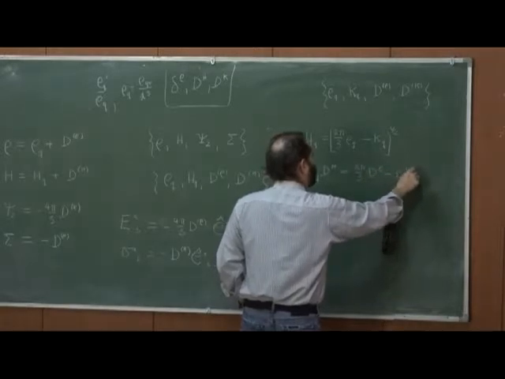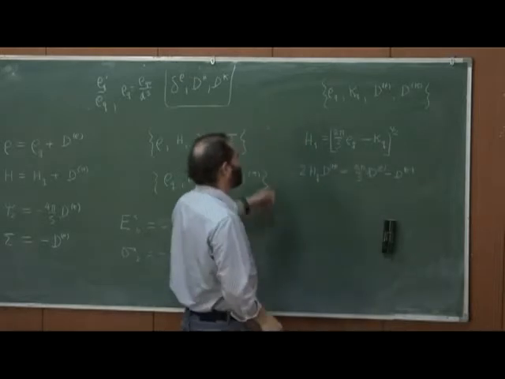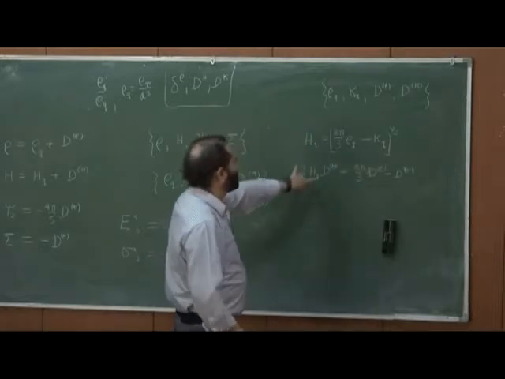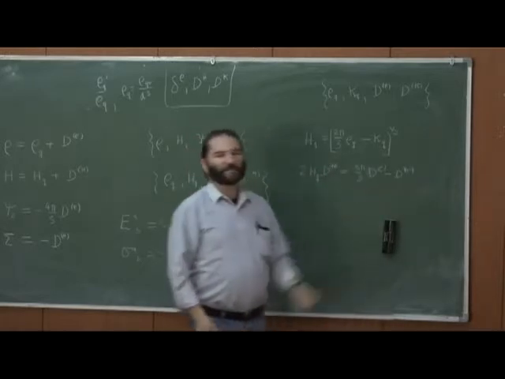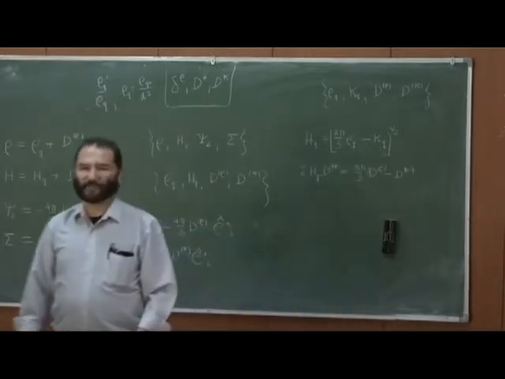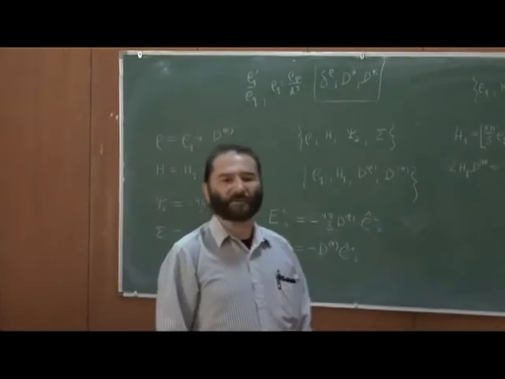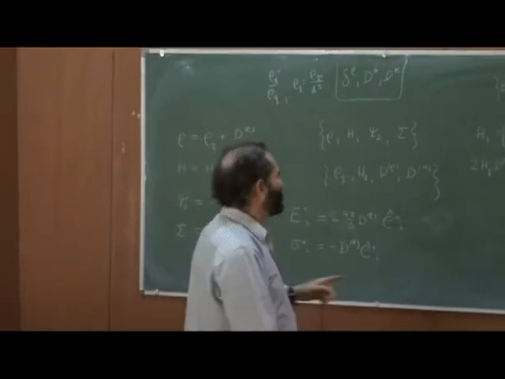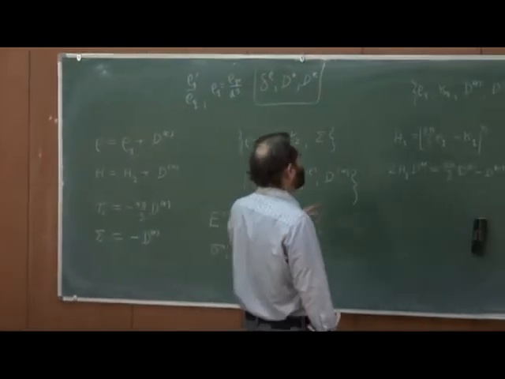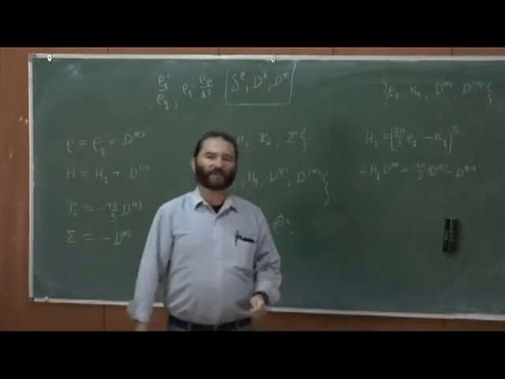Right? So you can always replace H by a combination of rho and K. Okay? And then you can use these two as your variables. The point is that the quasi-local variables and their fluctuations are always related by constraints of this type.